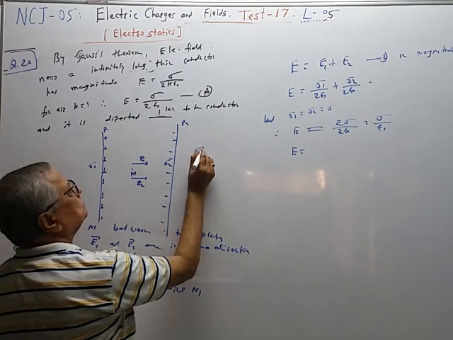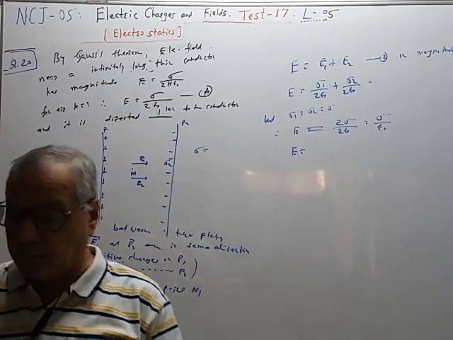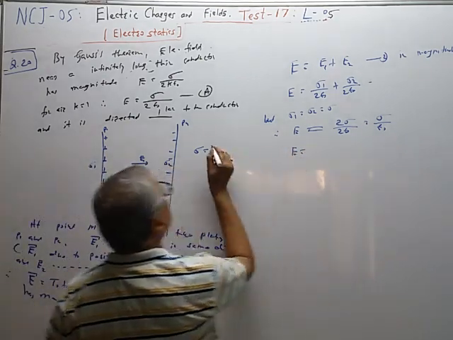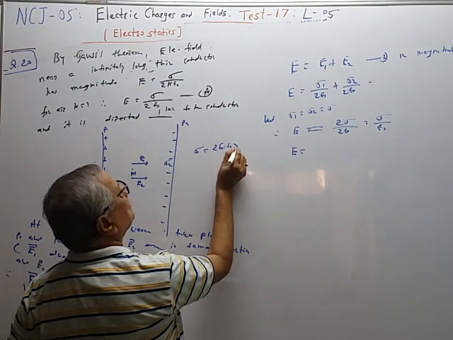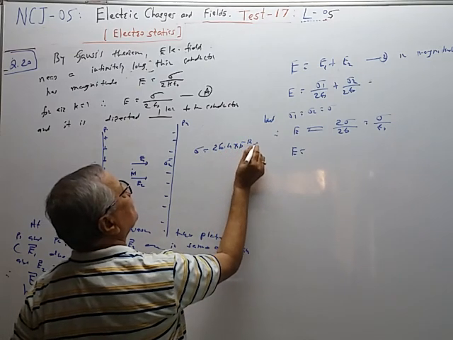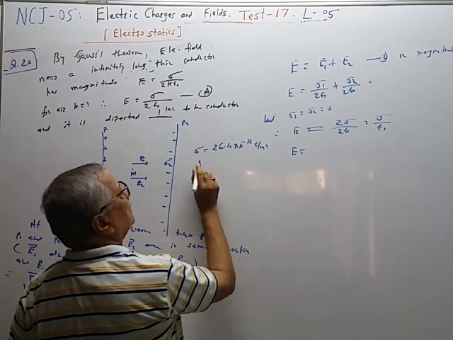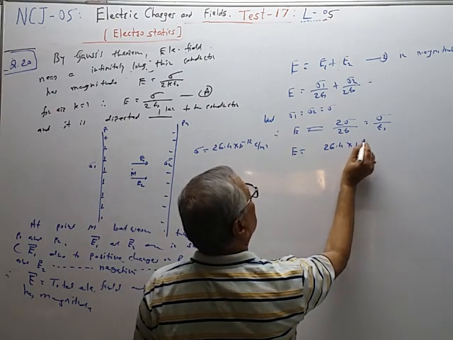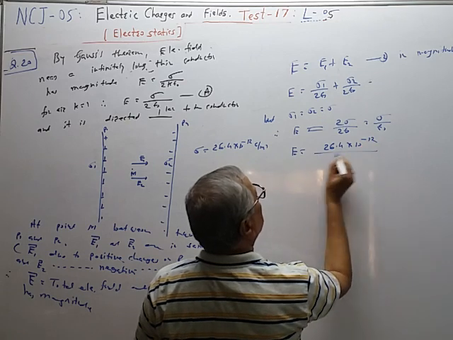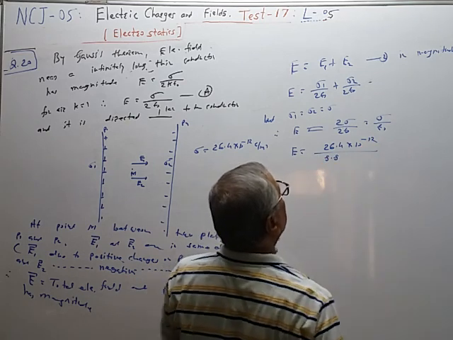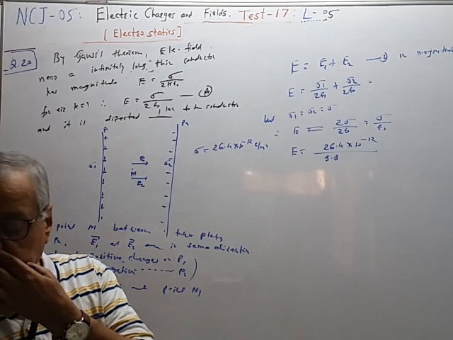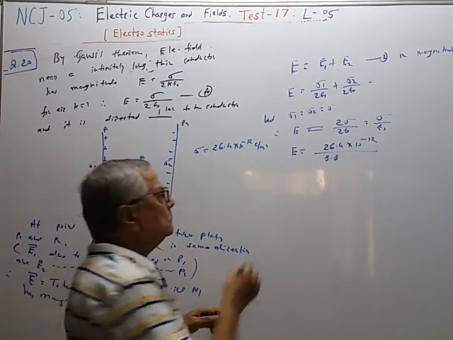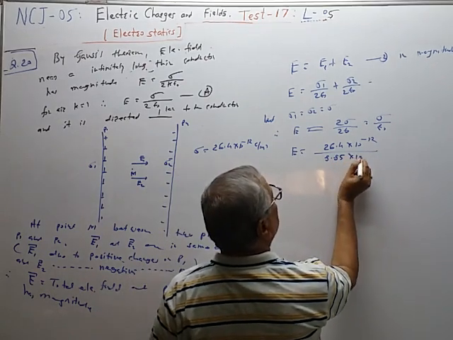value of sigma is given, sigma is equal to 26.4 into 10 raised to minus 12 coulomb per meter square, and we know already epsilon naught, so 26.4 into 10 raised to minus 12 upon 8.85, value of epsilon naught into 10 raised to minus 12.